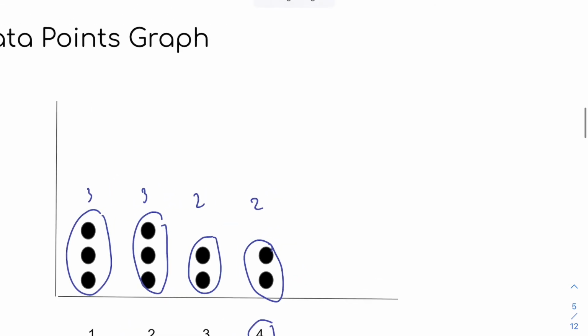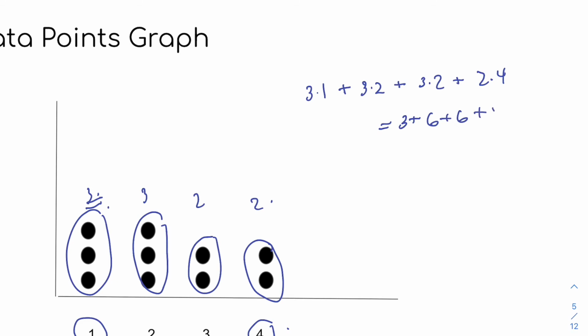So all we have to do is multiply the number of data points in each section by its value. So we get 3 times 1, plus 3 times 2, plus 2 times 3, plus 2 times 4. We add all of these values together and we get 3 plus 6 plus 6 plus 8.